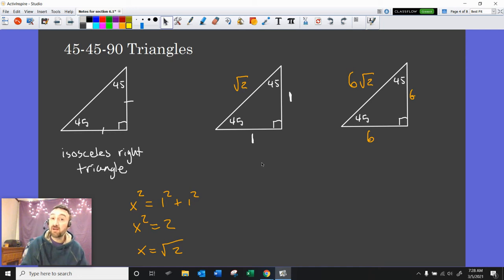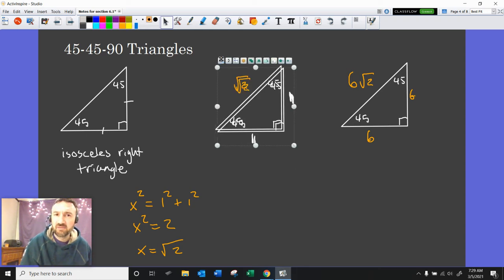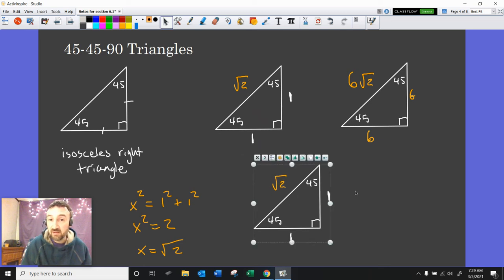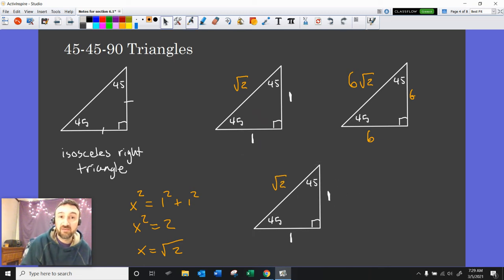If I wanted to compare this triangle to another triangle where the hypotenuse was an integer, I wouldn't want to use a square root of 2 to compare. I'd want to, first of all, take that triangle and multiply all the side lengths by the square root of 2. So I'd multiply everything by the square root of 2.